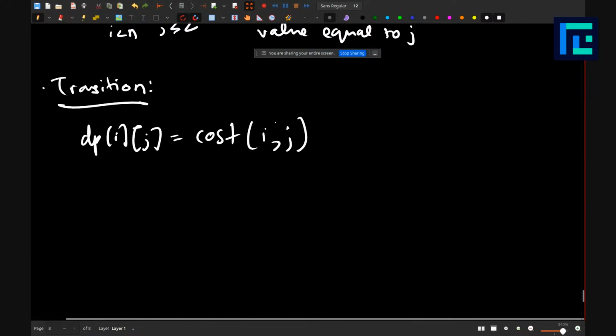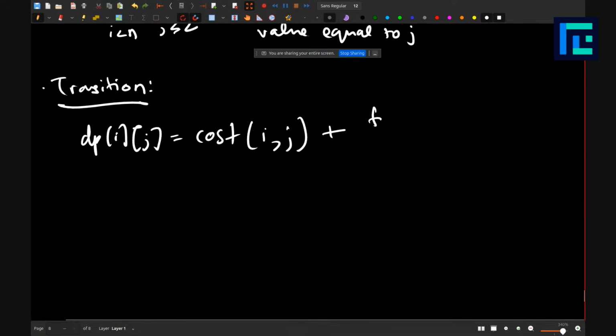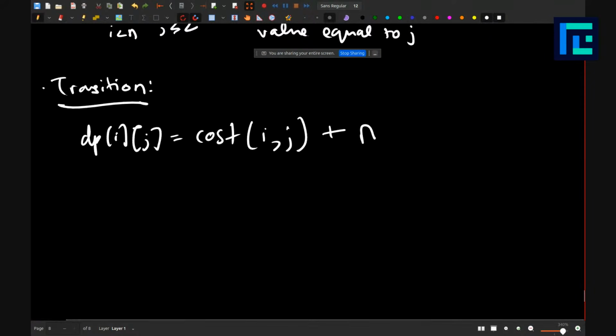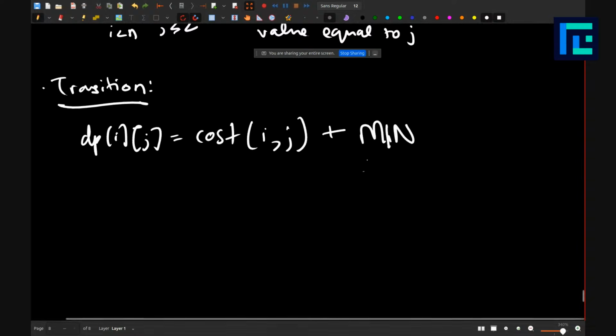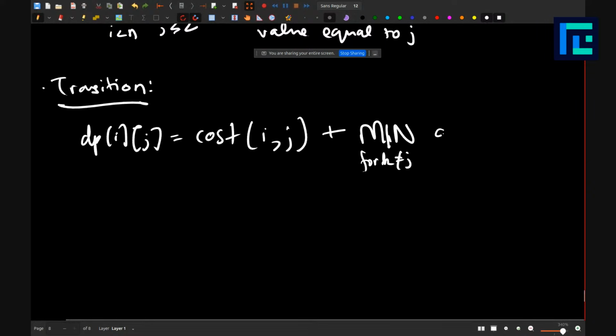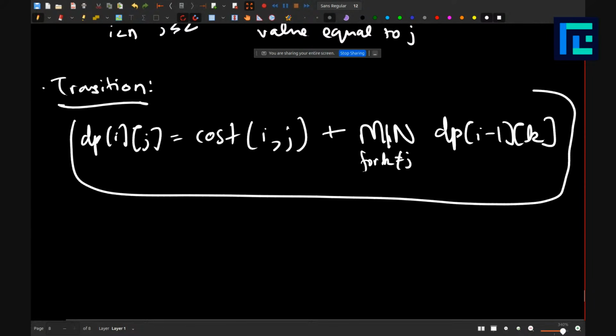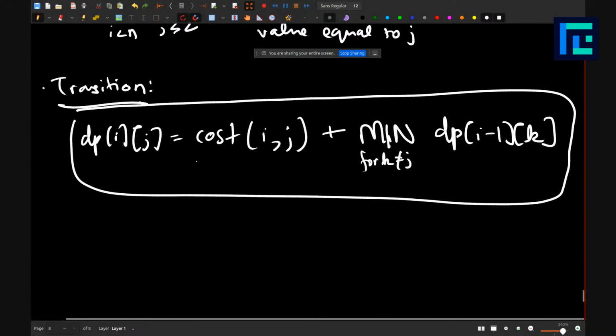So the cost to make position i equal to j, plus now the two options. We want the minimum cost, so the minimum over k not equal to j, because we don't want the previous two to be equal, of dp of i minus 1 k. So this is going to be our transition.